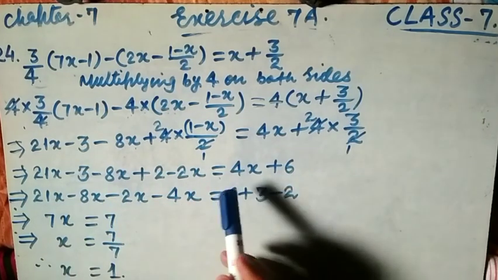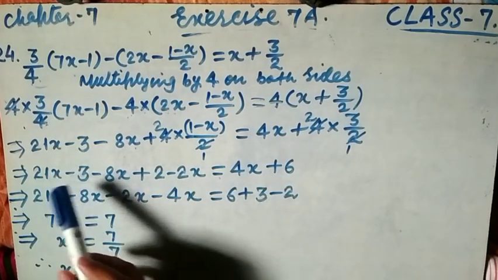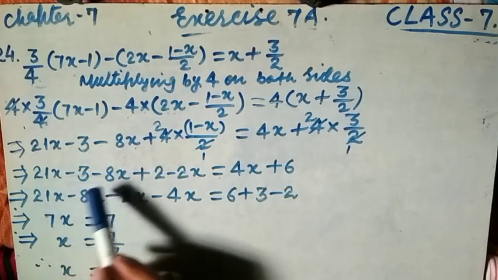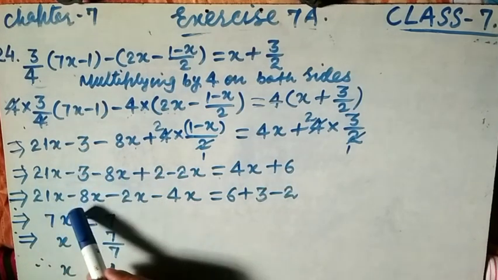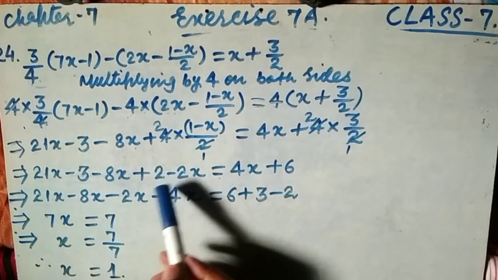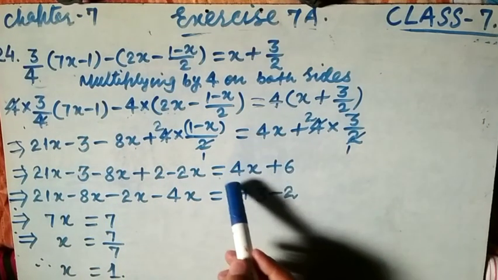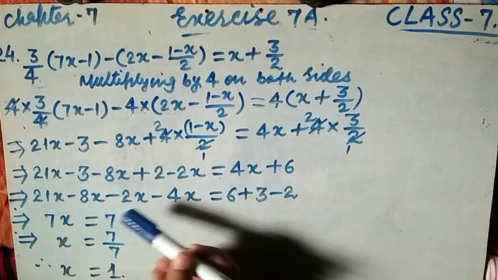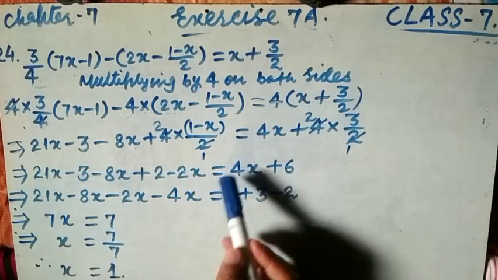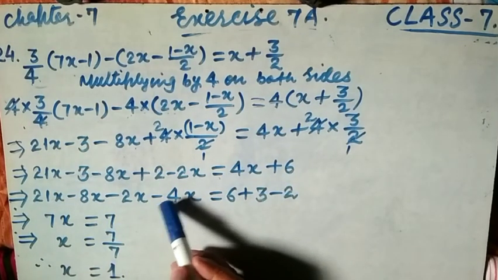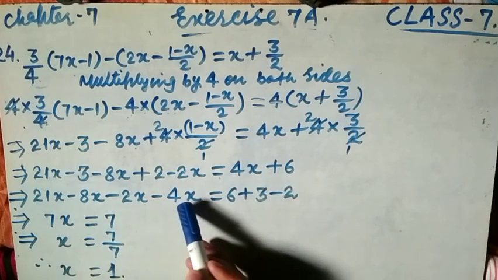Now first we have to bring all the x terms to the left-hand side. Here 21x is as it is. Minus 8x is already on the left-hand side as it is, and minus 2x is on the left-hand side as it is. Now we are going to bring this 4x to the left-hand side, changing its sign: if it comes over here with the negative sign, it is minus 4x.